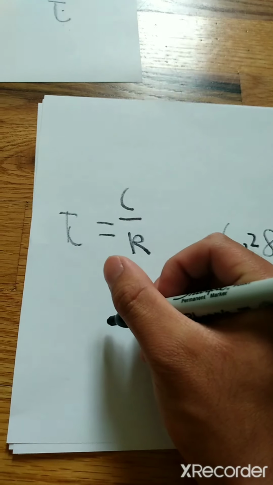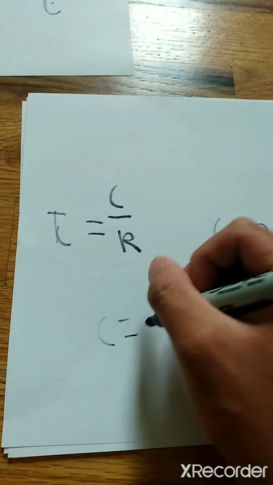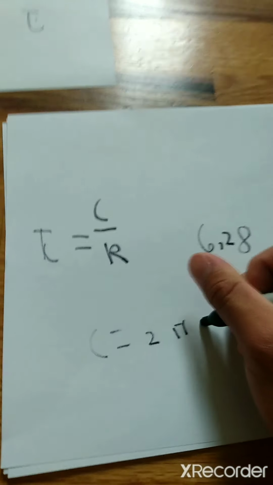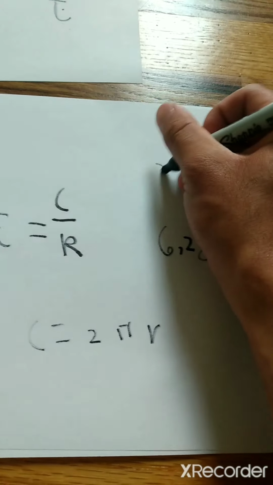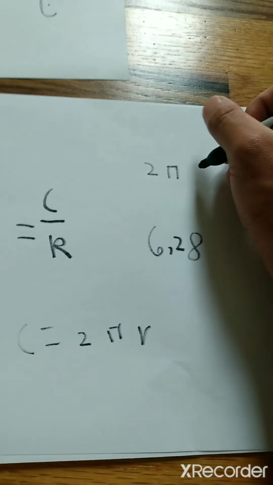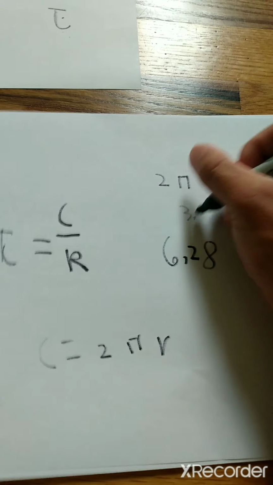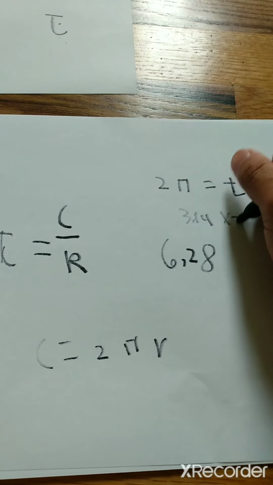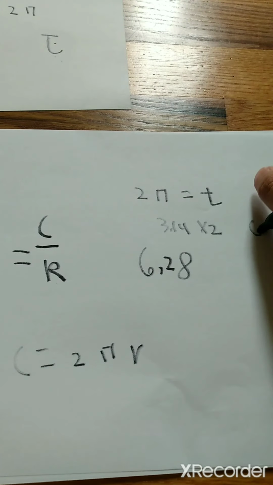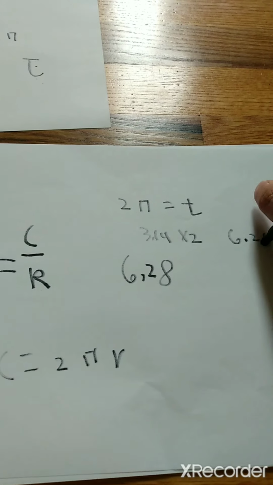Since the formula for the circumference was 2 pi r, earlier we said that 2 pi is the same thing as tau because 3.14 multiplied by 2 is going to be 6.28.